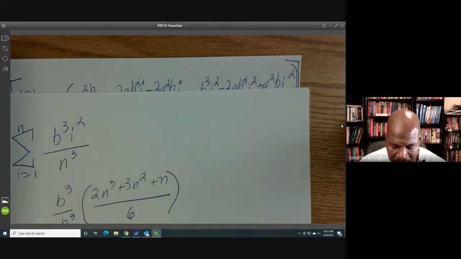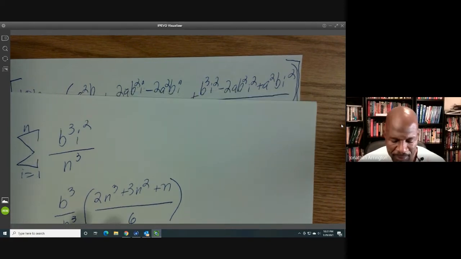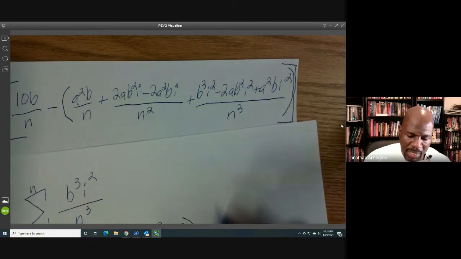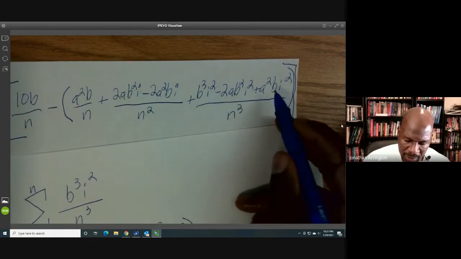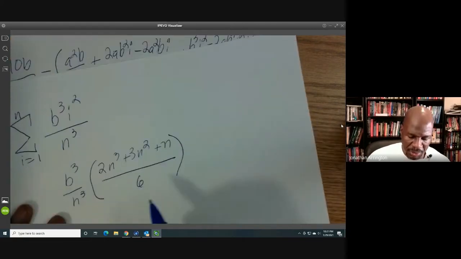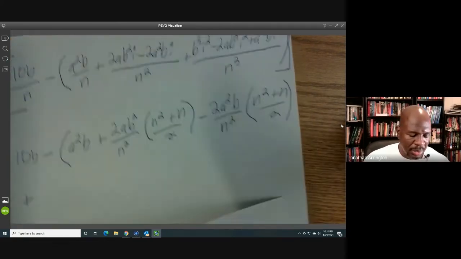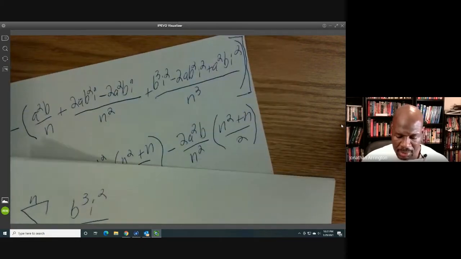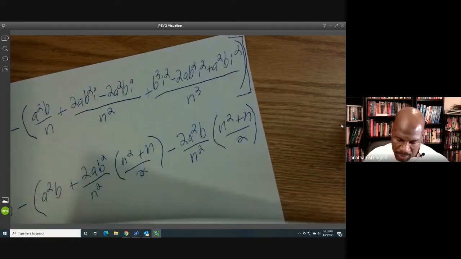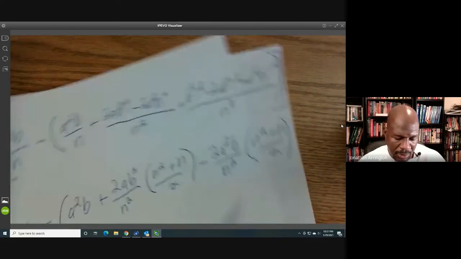So for the sake of space and time, I'm going to write each of these expressions minus the i squared, and the i squared is going to turn into this guy. So let's do that if we shall.